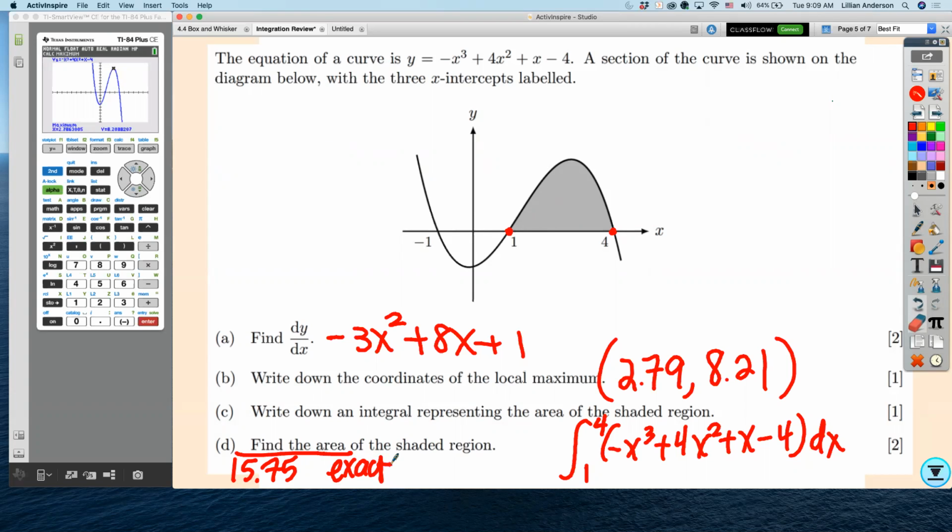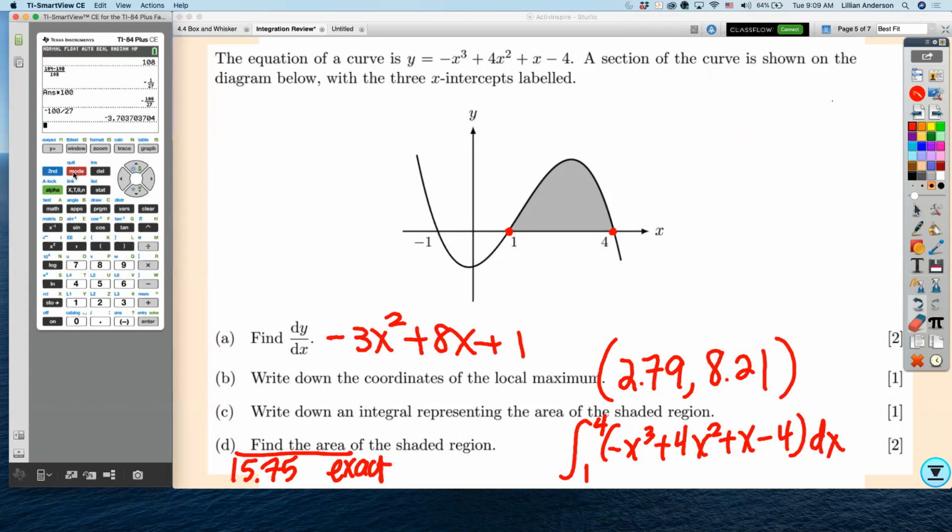What would you write down? The fraction form of that. How do you convert 15.75 into a fraction? 15 3/4. And we will write that as an improper fraction, which would be 63/4.